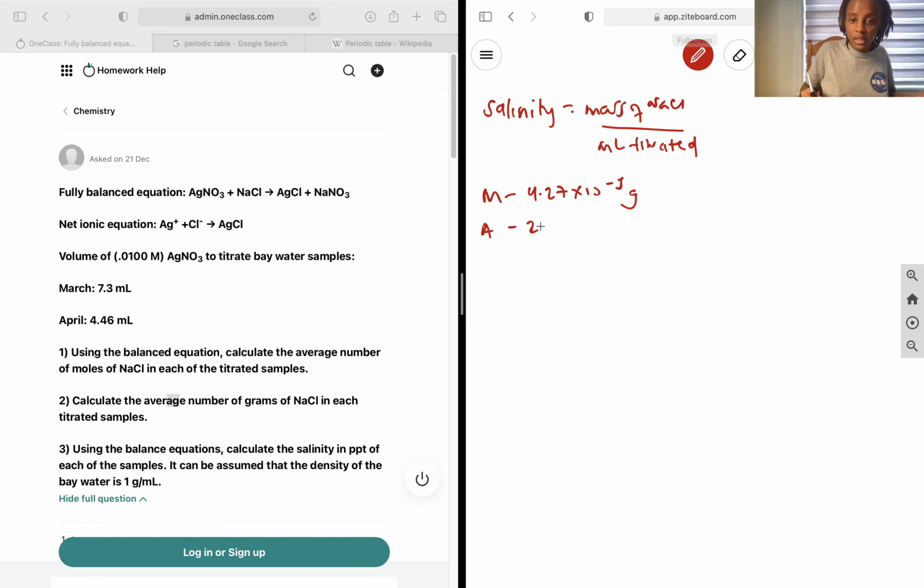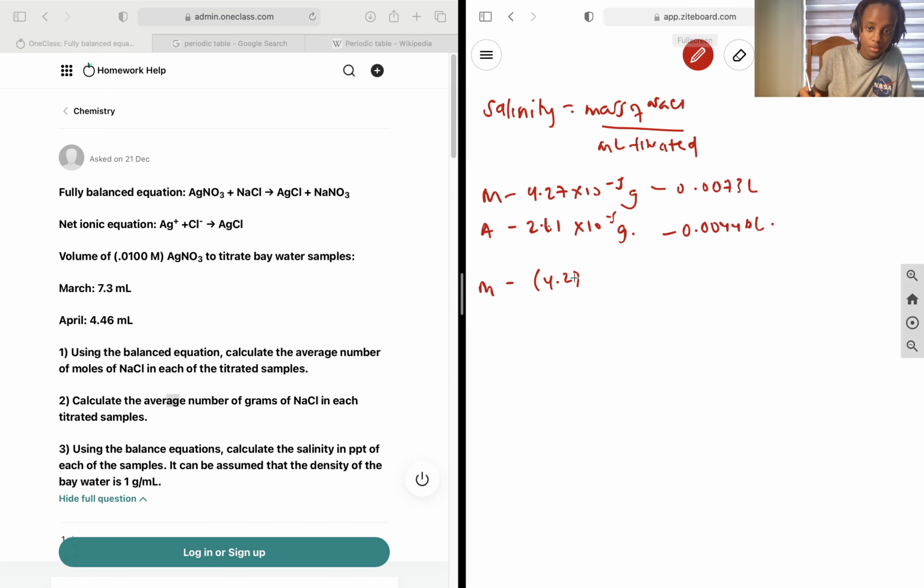From April we had 2.61 times 10 to the negative 3 grams. And this corresponded to 0.0073 liters, 0.00446 liters. And so we're just going to plug that right back in. And so for the March sample, it's going to be 4.27 times 10 to the negative 3. Sorry, I wrote negative 5 earlier; that's just an error in my writing.